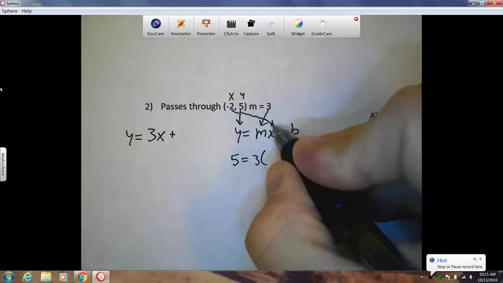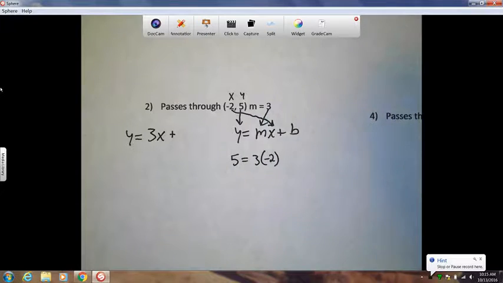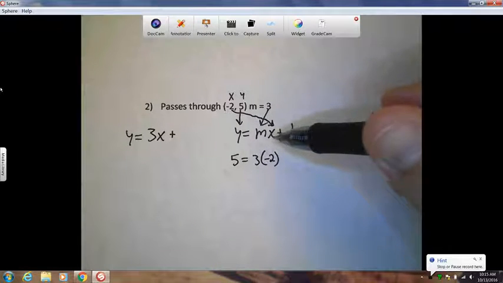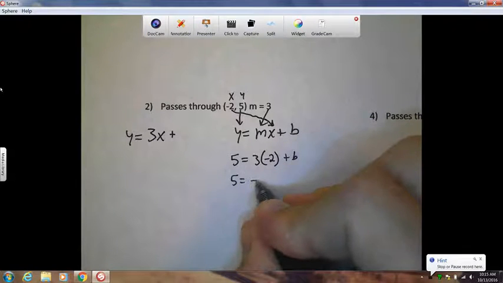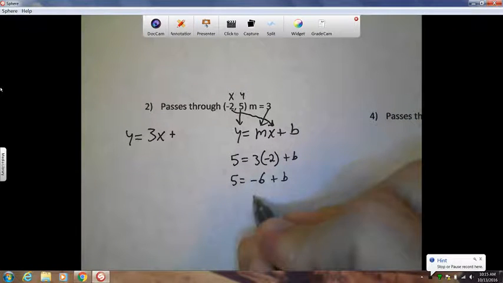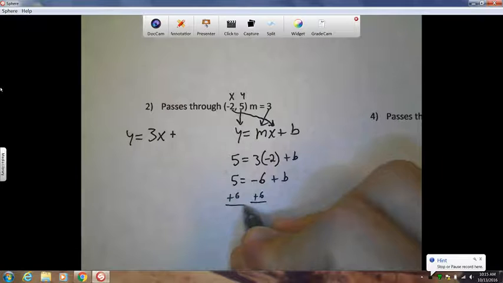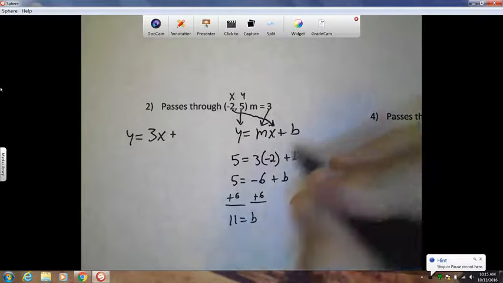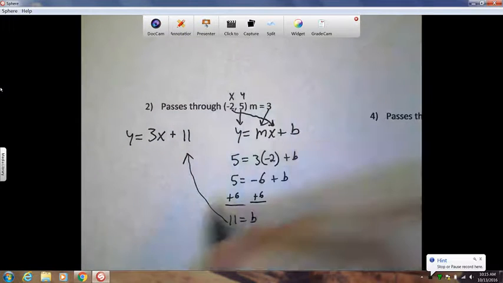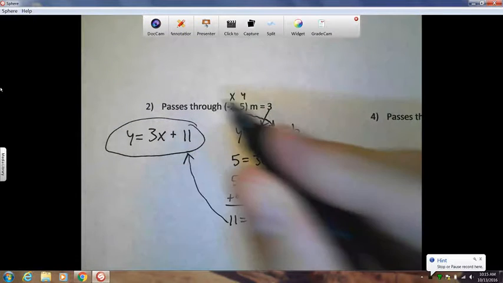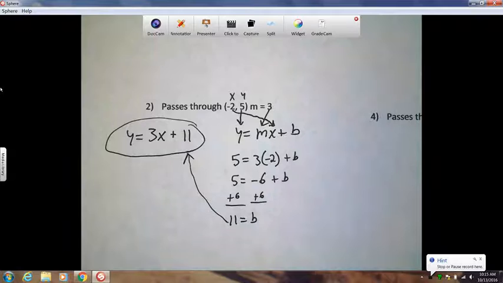Remember, this is multiplying. M multiplied by x. 5 equals negative 6 plus b, plus 6, plus 6. And there's my answer. So you substitute in the values to find b, plug it in as your answer.